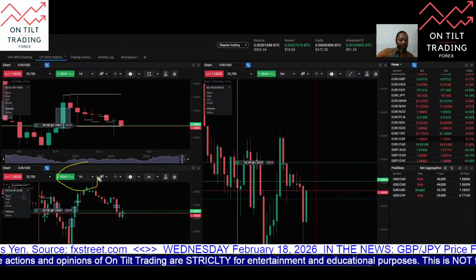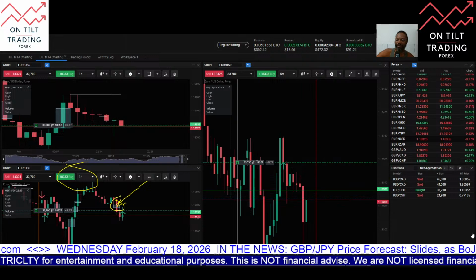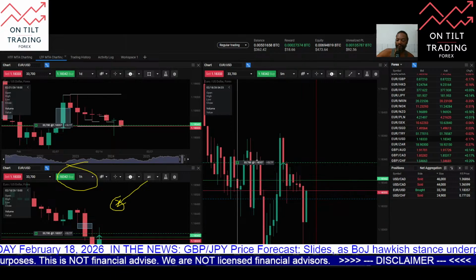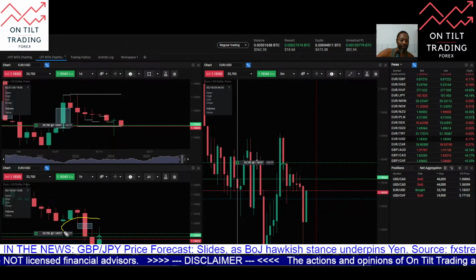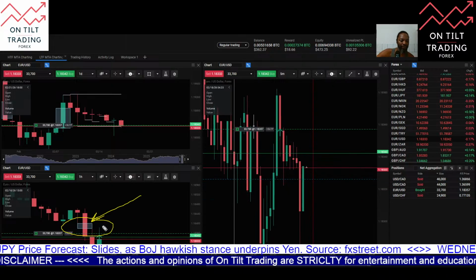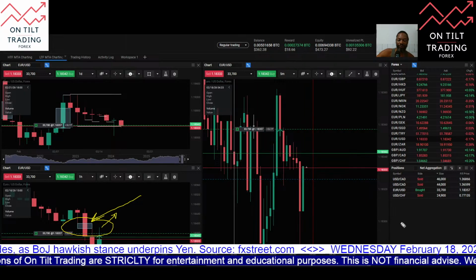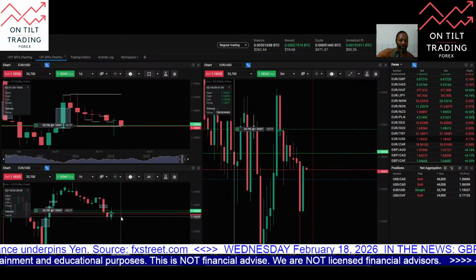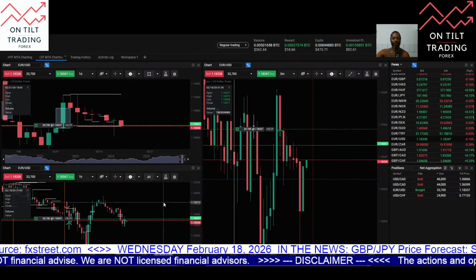Price has traded into this bearish fair value gap, this sell side imbalance, buy side inefficiency, and that has triggered that sell side delivery just now, and we'll see if price can deliver through that and put in an inverse fair value gap if at all possible, which would be an indication of potential delivery to the buy side.